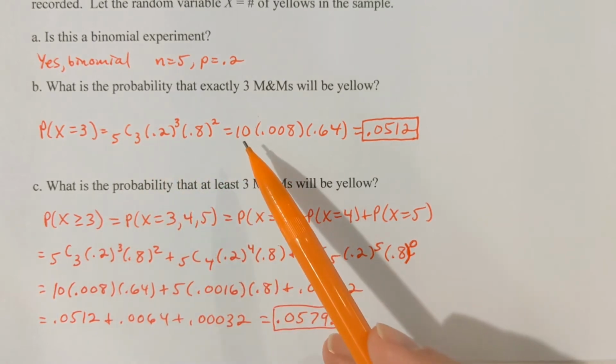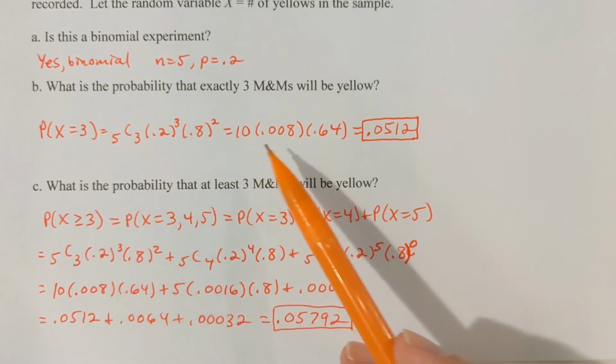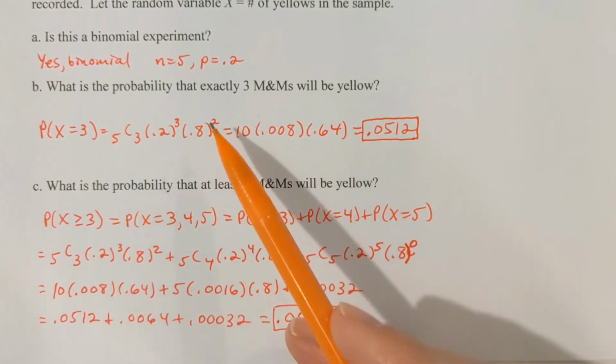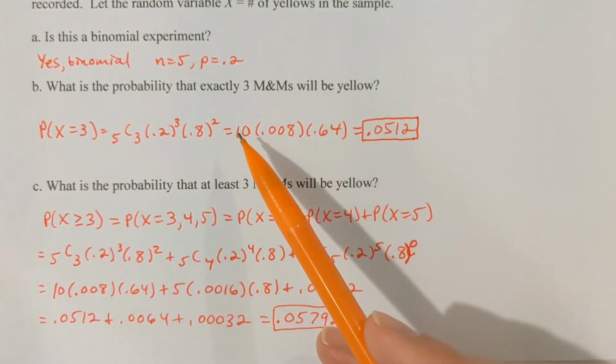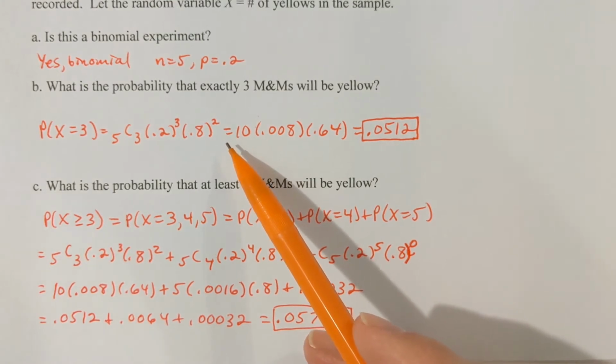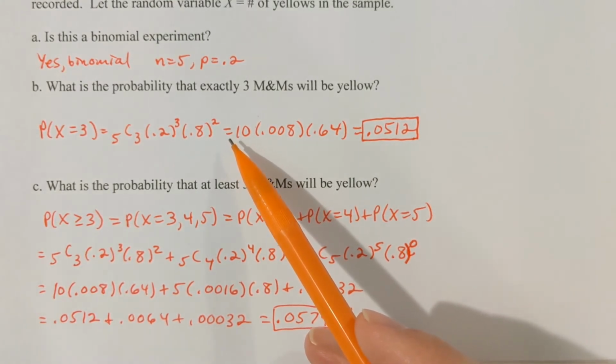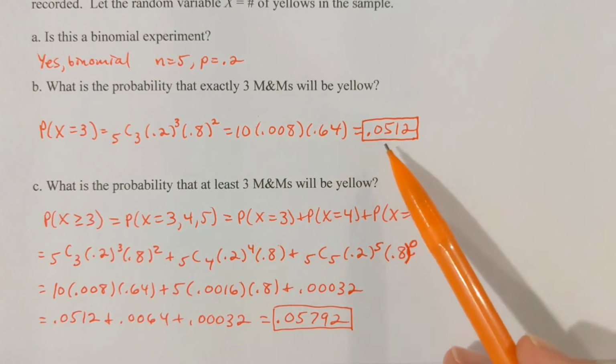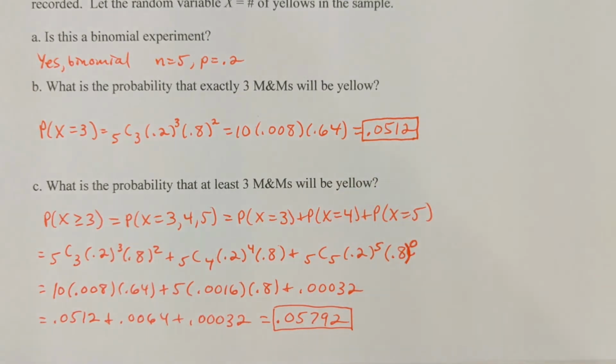5 choose 3 is 10. And 0.2 to the third is 0.008, and 0.8 squared is 0.64. All 3 of these numbers would be exact, so I'm fine with using the equal sign there. And when you multiply these 3 numbers, you get 0.0512. Okay, and again, that's exact.